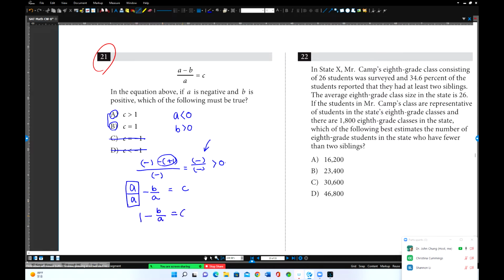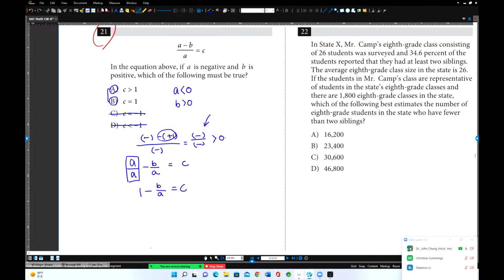This is more accurate for the value of c, because b is positive and a is negative, so this whole thing is negative. Positive divided by negative is negative. We still have a negative sign over here. So it's going to be 1 plus some positive number equals c.